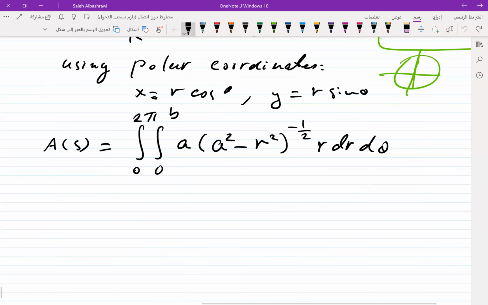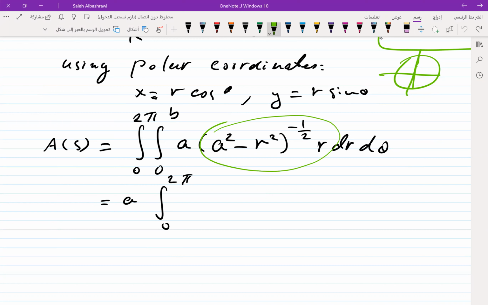Now we'll integrate this one, taking a as a constant outside, theta from 0 to 2 pi. To find the integration of this part with respect to r, we can use integration by substitution.